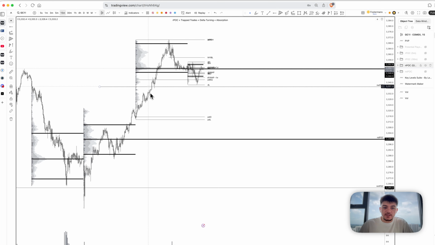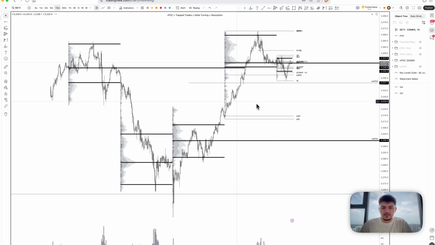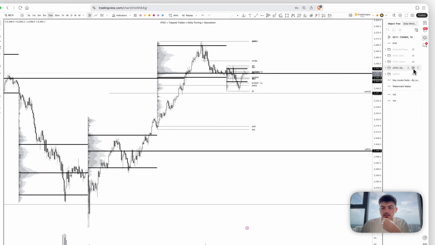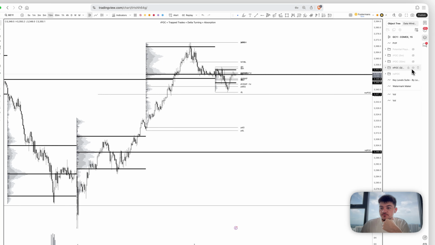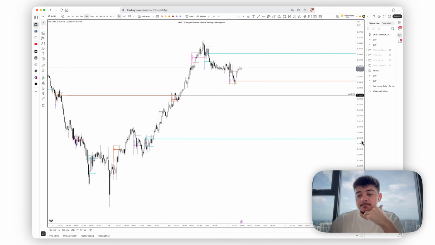This weekly had a really nice break and retest, and if you go back and look, I actually said that as it was happening. Okay, we already know there's no other ones, so we can just hide these and go straight to the potential plays, man.